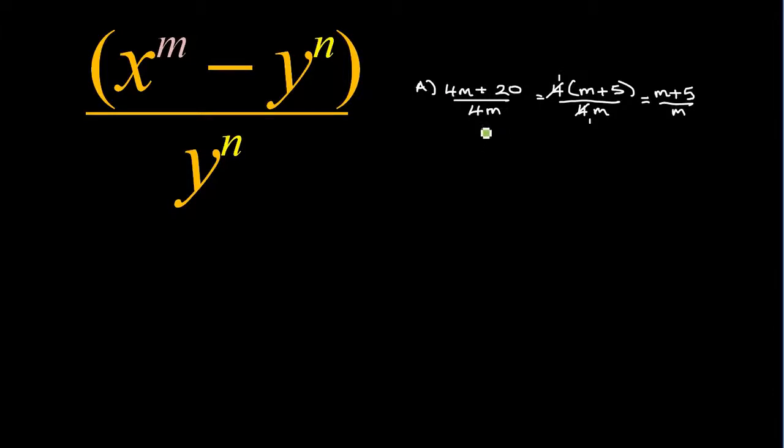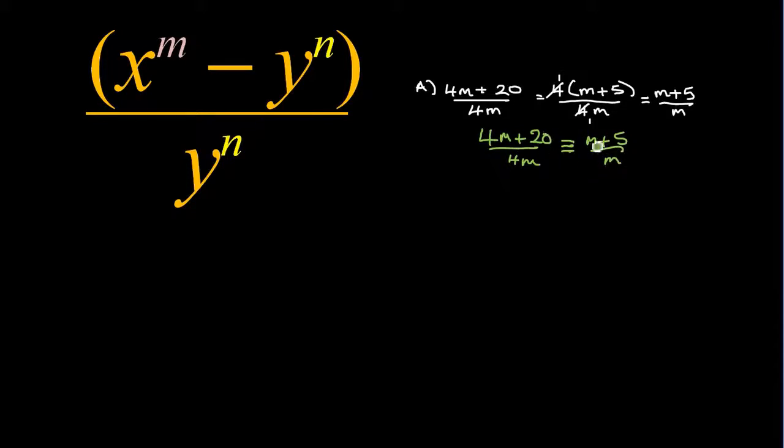And if we were to summarize it and want it to be completely correct, we would say 4m plus 20 over 4m is not equal to m plus 5 over m, but is identical to. Write this with a symbol that looks like an equal sign but has an extra line over the top there. So that means 4m plus 20 over 4m is identical to m plus 5 over m.